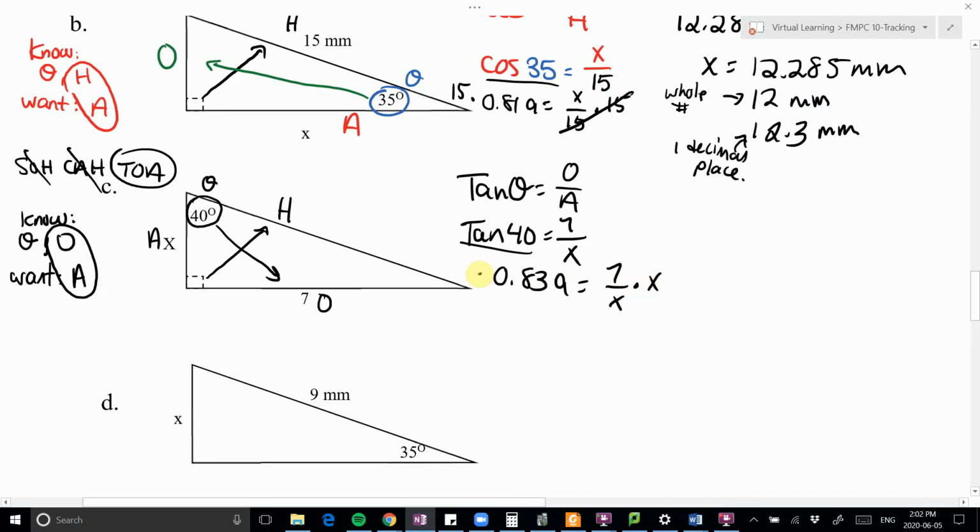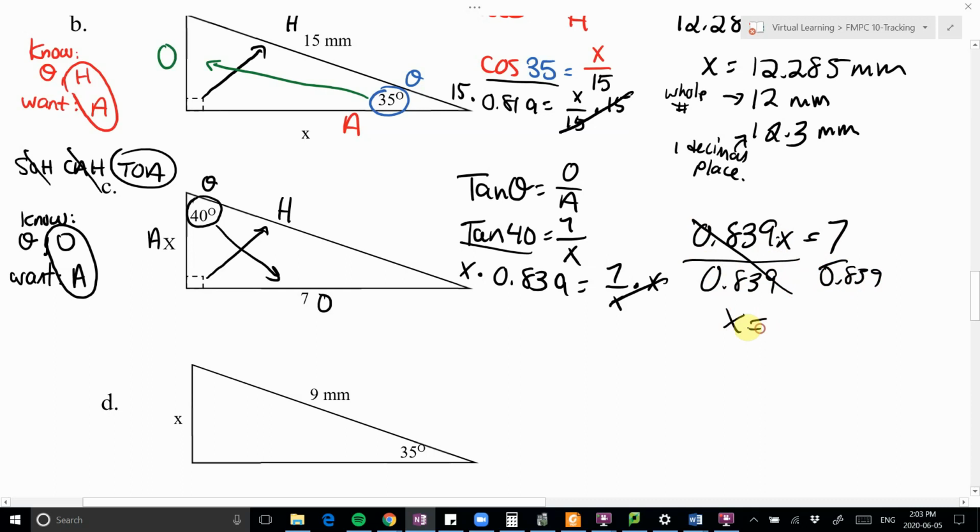So we multiply both sides by x. And so this is just the same thing we're doing every time, right? Let's get rid of that denominator so that we're not dealing with a fraction anymore. So we're going to have 0.839x is 7. And then we got to get x by itself. Because this is a multiplication, we divide to get x by itself.